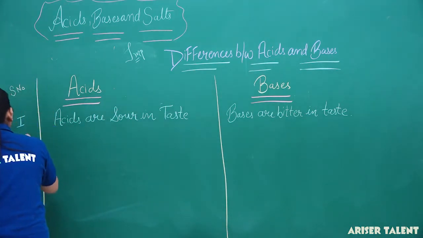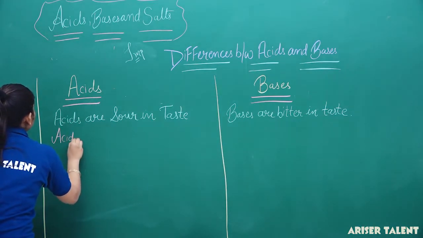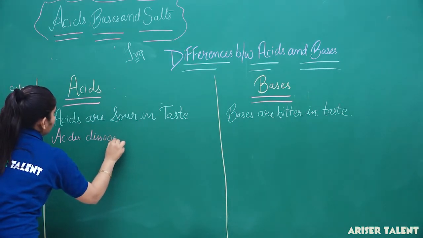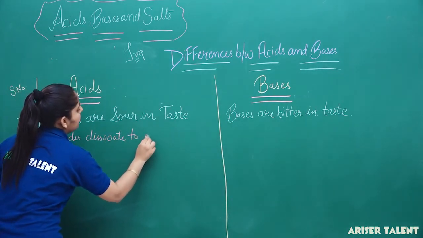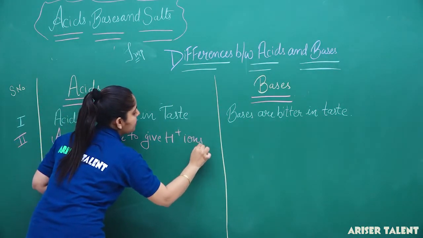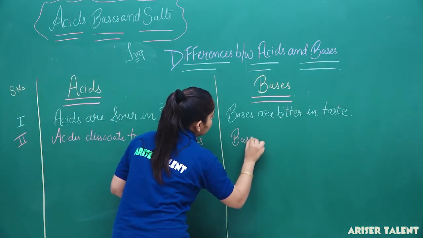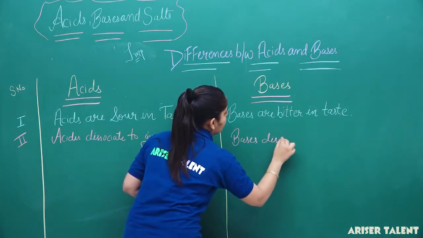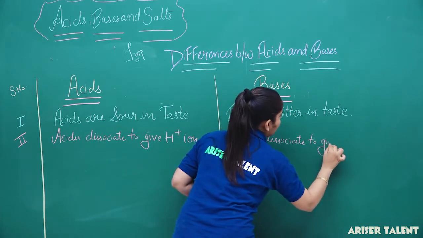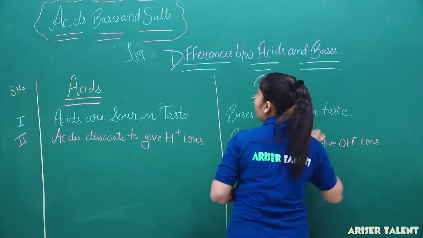Now we are moving to our next point. Acids dissociate to give H plus ions and bases dissociate to give OH minus ions.